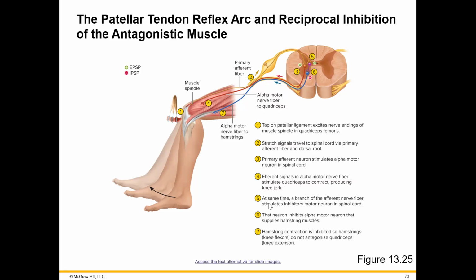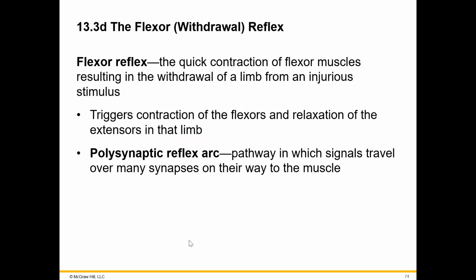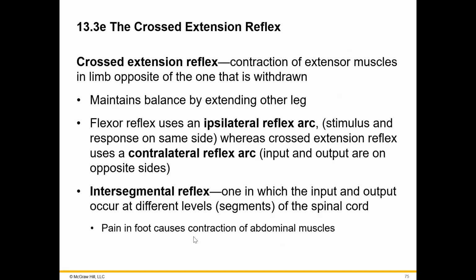At the same time, a branch of the afferent nerve inhibits the opposing muscles from interfering with that knee-jerk reflex. So the hamstring contraction is inhibited; the hamstrings, known as the knee flexors, do not antagonize the quadriceps. That's very important to know.